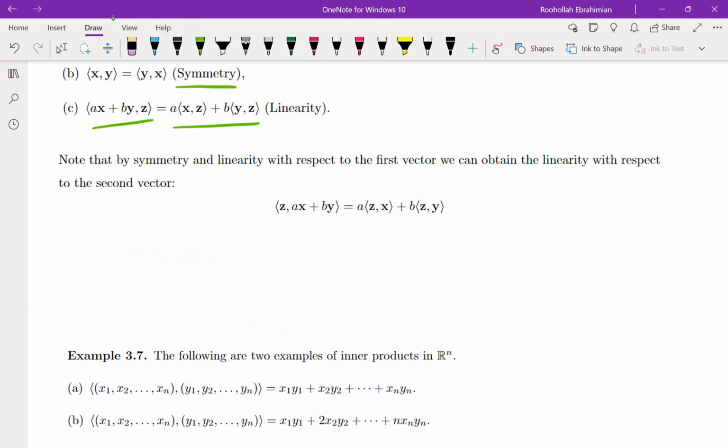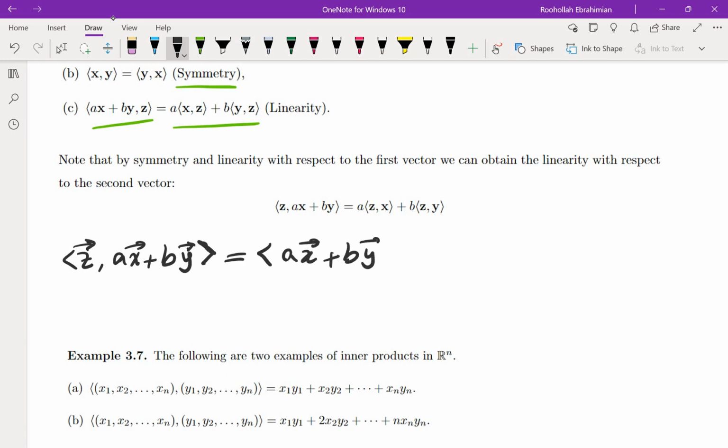So let's do that. If you look at z inner product with ax plus by, using symmetry, we can write this down as ax plus by inner product with z. This is by symmetry. Now we're going to use linearity with respect to the first vector.